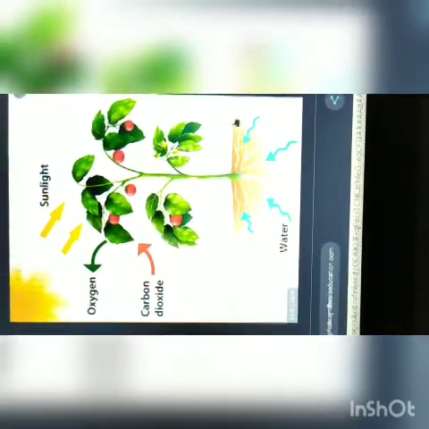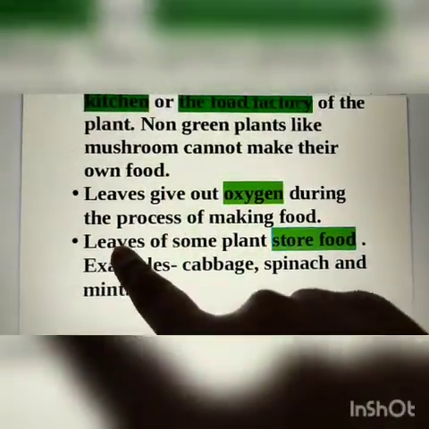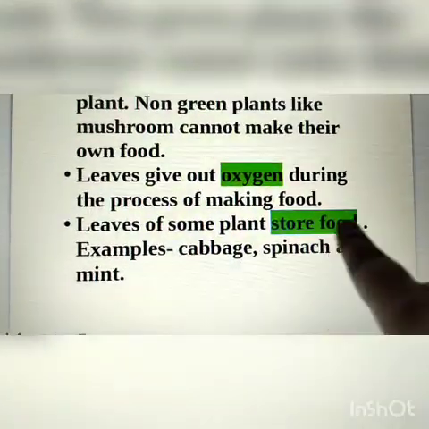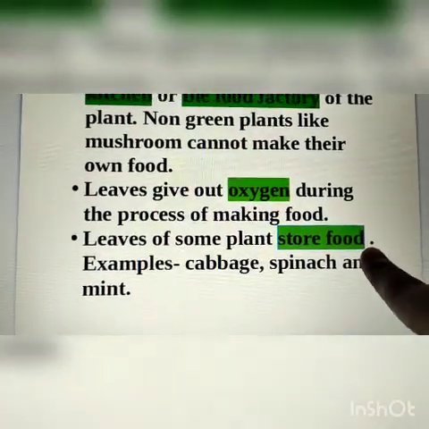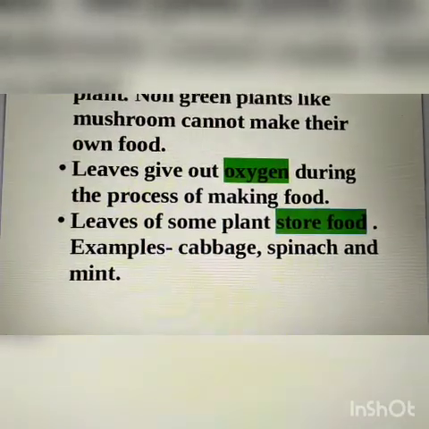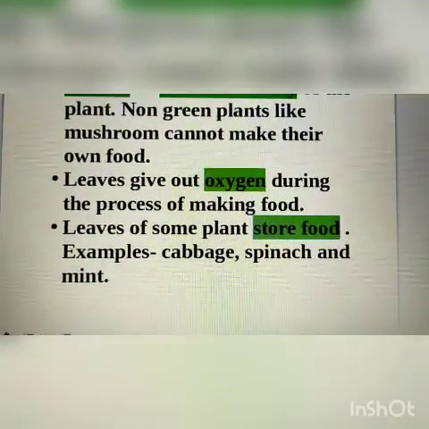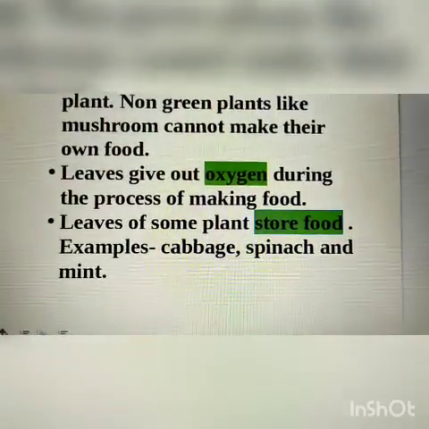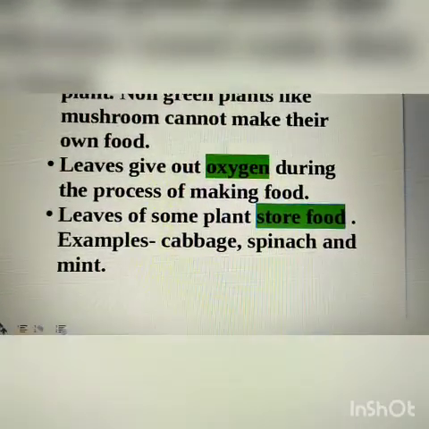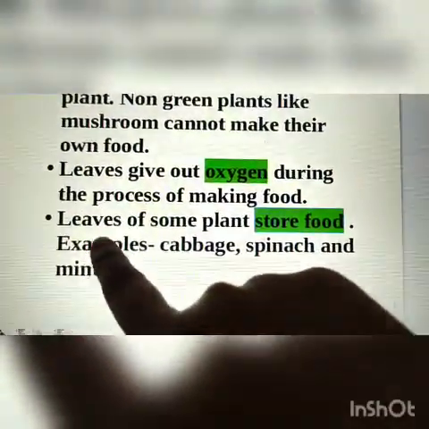Now the last function of the leaf. Leaves of some plants store food. The food prepared by the green leaves helps the plant for its growth and development. But the extra food is stored by the leaves of some plants.